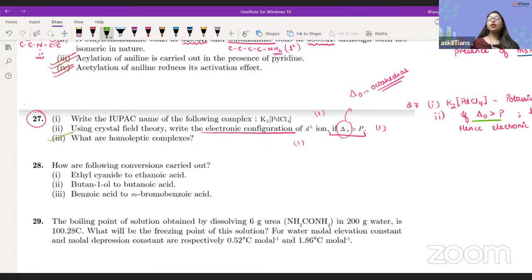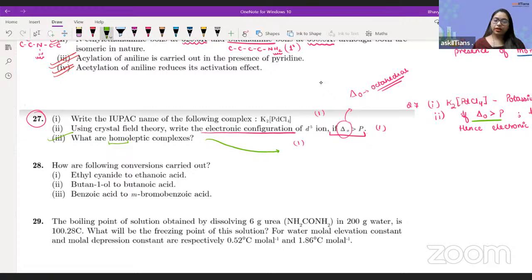Third question, what are homoleptic complexes? Again, this is the part which is coming from the coordination compounds chapter, from the basic terminologies part. In the first 2-3 pages, you are given these important terminologies. That's right, Latika. So homo means same, leptic as in ligands.